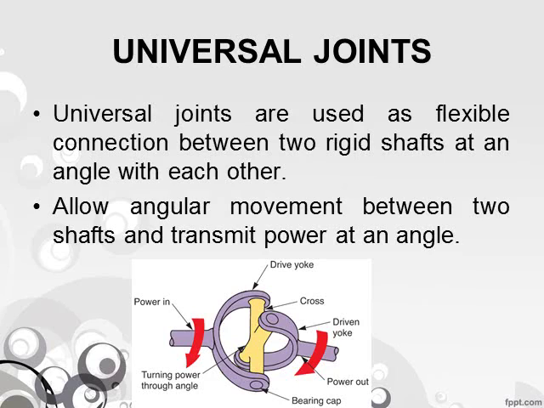This spider consists of four arms, two of which are supported in the input power shaft yoke and the other two in the yoke of the output power shaft. As the input power drives the spider, it causes rotation of the output shaft through the arms of the cross. This is the construction and function of the universal joint.